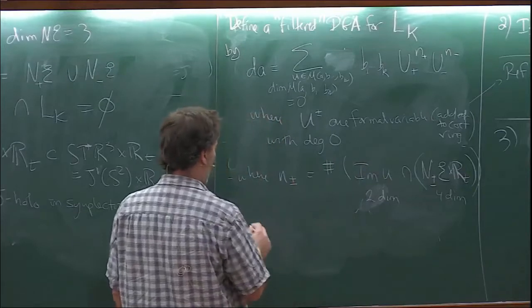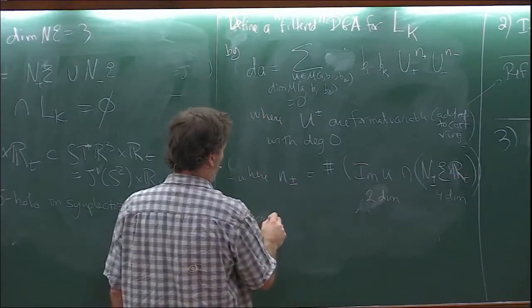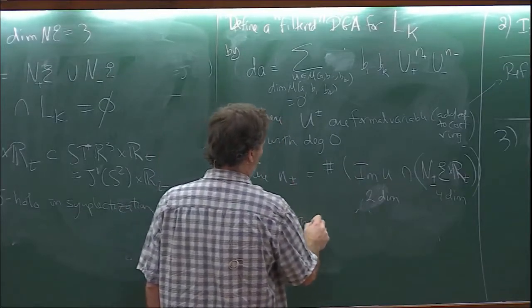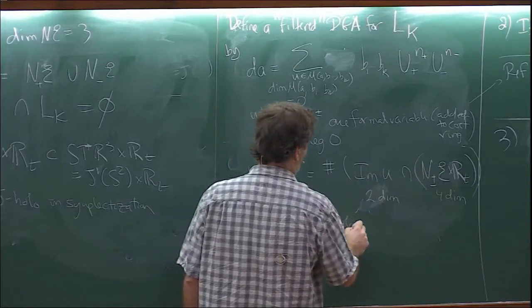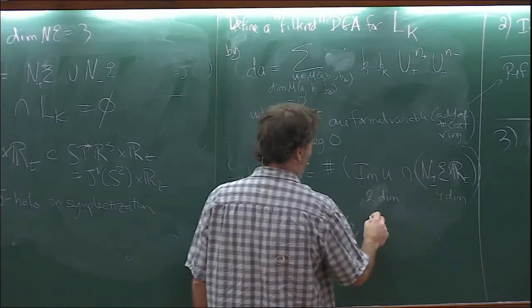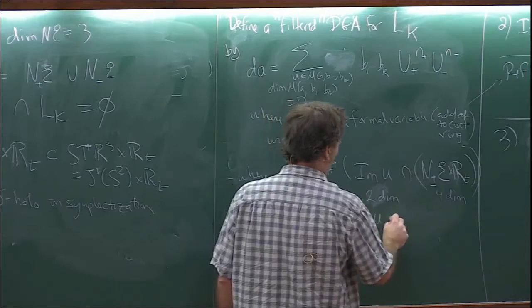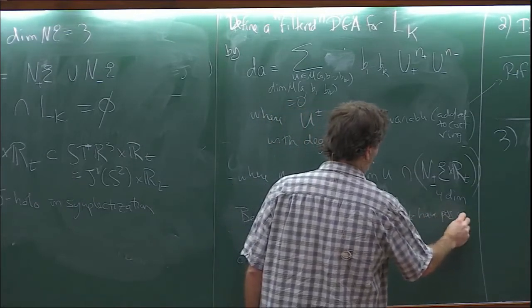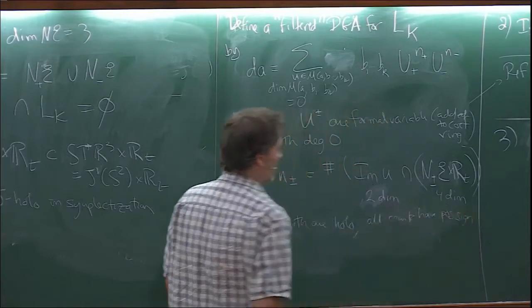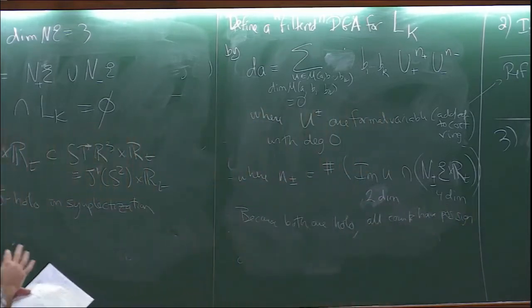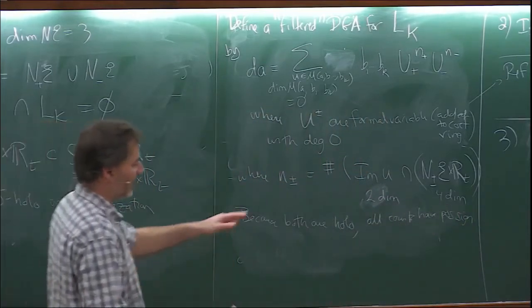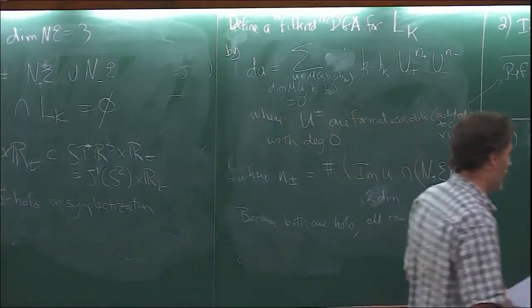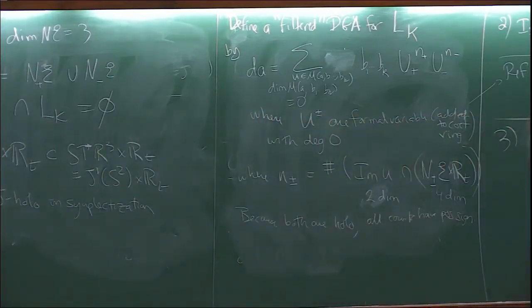But I also want to say, because both are holomorphic, all counts have positive sign. To really prove that, you can project down and have a two-dimensional thing and another two-dimensional thing inside a four-dimensional thing.